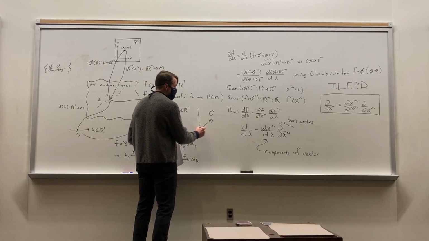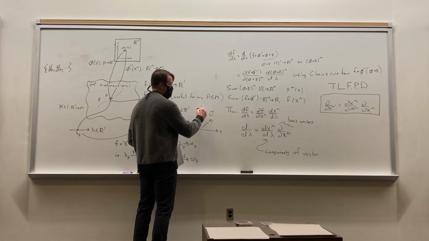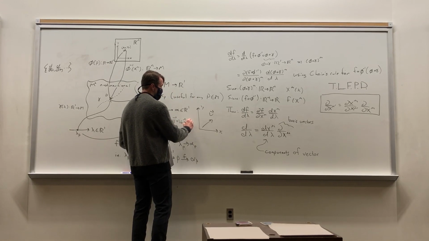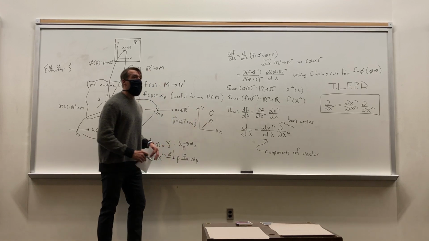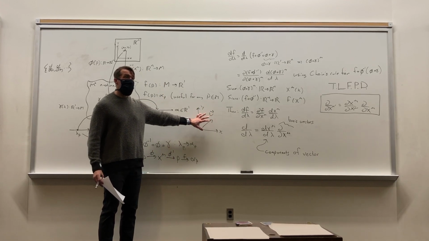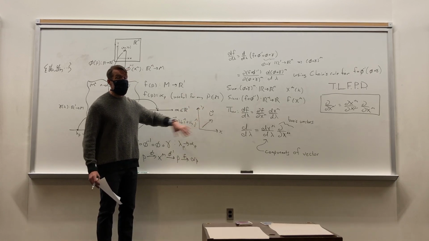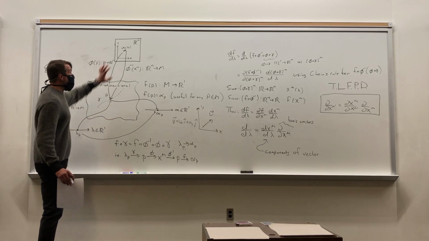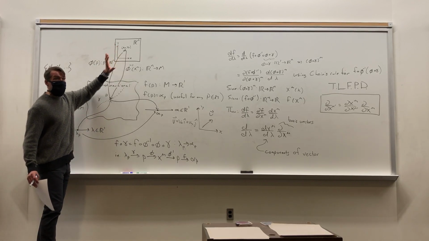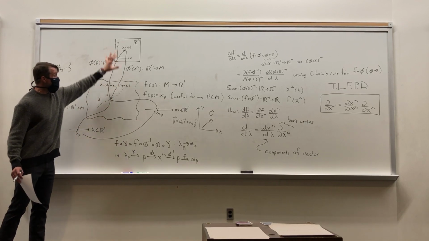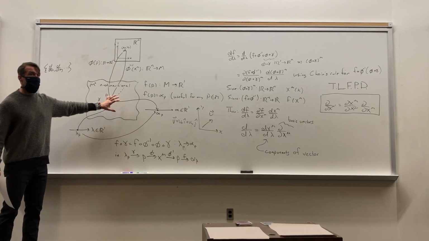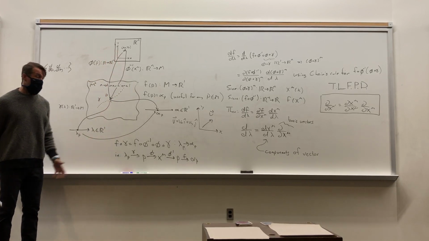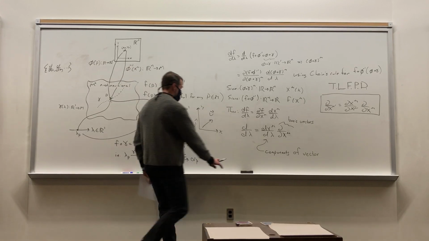But then I can throw down a set of coordinates, and then the vector can be written in terms of its components and the basis, but that's all defined with respect to the coordinate system you chose if you're using a coordinate adapted basis. There are other bases, but these are the most simple ones. So we had to add in this coordinate part of the story in order to get a basis for the tangent space. Before we added this in, we had defined tangent space. We knew it was a vector space, but we didn't have a basis to use. Here we're introducing coordinates and therefore a coordinate basis.